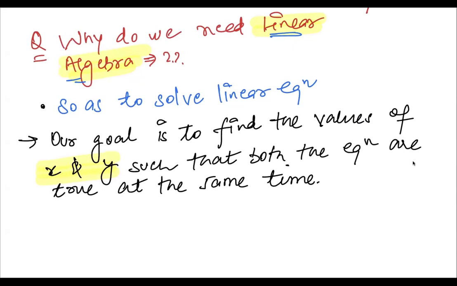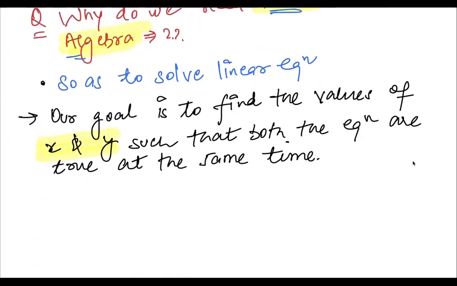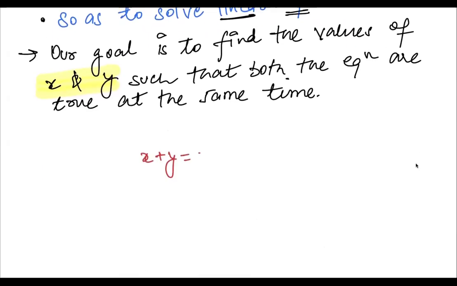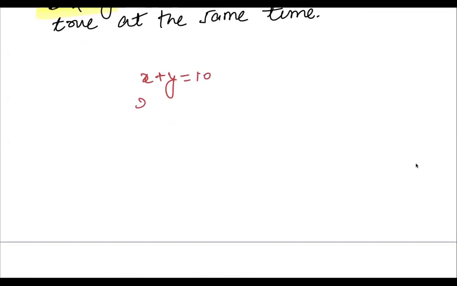I see a very good question. What's linear about them? Why is it called a linear equation, and not just an equation? Let me write the equations. x plus y is equal to 10, and 2x minus y is equal to 3.